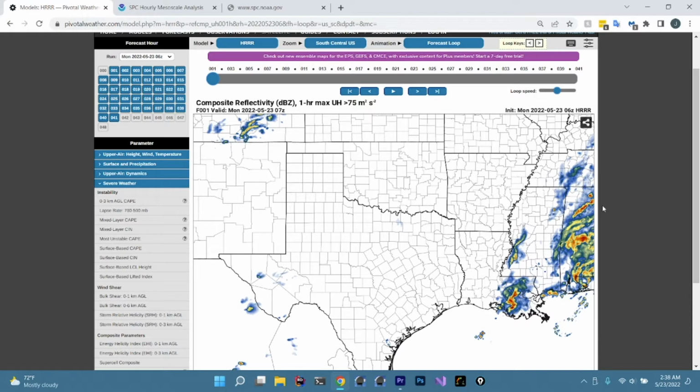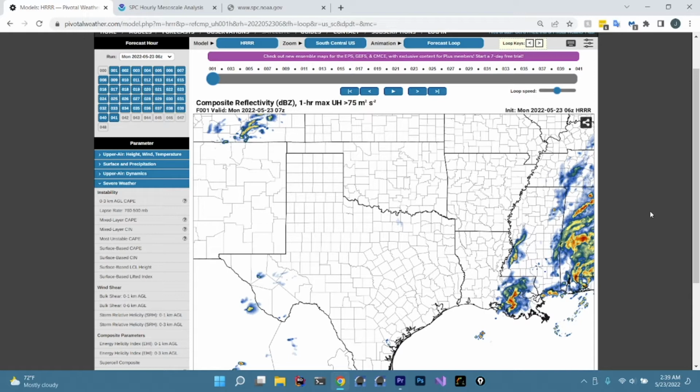No moisture, no lift, no storms. And then the third thing that we need is some instability for some thunderstorms. Instability is going to give us the energy we need to develop the storms to a degree where they'll be thunderstorms and not just regular rain showers.